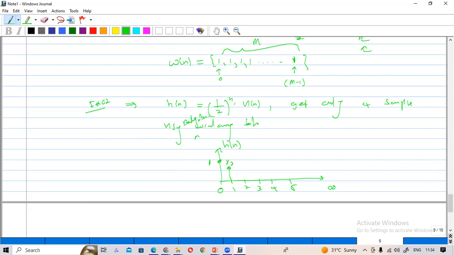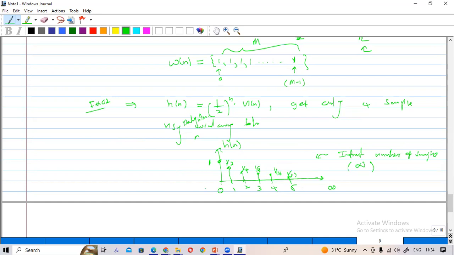Then for n equal to 2, it is 1 by 4, then 1 by 8, 1 by 16, 1 by 32, and so on up to infinity. So this is your h[n], and there are an infinite number of samples in this sequence.